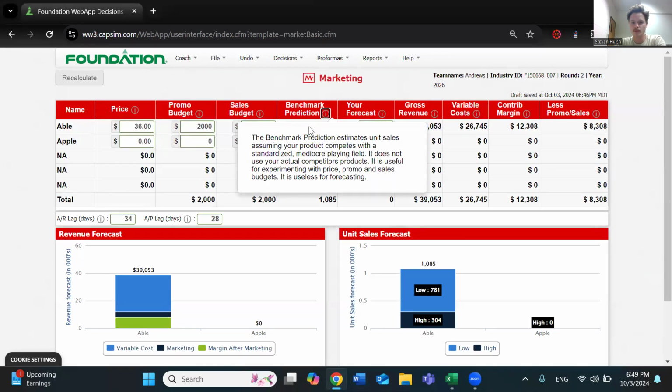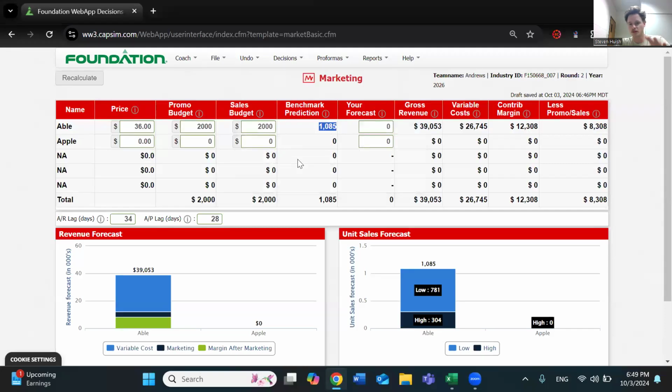It's an input number that is completely useless, essentially a randomly generated number, just that the computer gives you so that you don't have a zero forecast to begin with and all your numbers are messed up. It's only there to make sure that you don't freak out and that there's something in there before you put in your real forecast. If you base your forecast off of this number here, it's going to be wrong 100% of the time because it's a random number that's useless for forecasting.